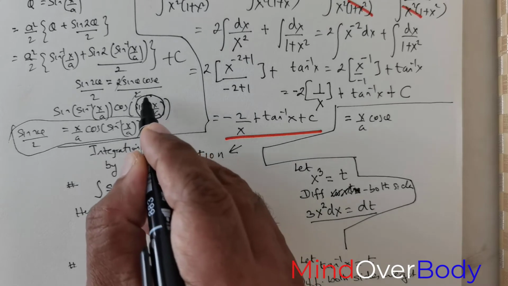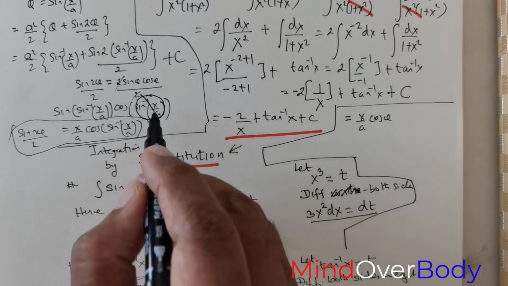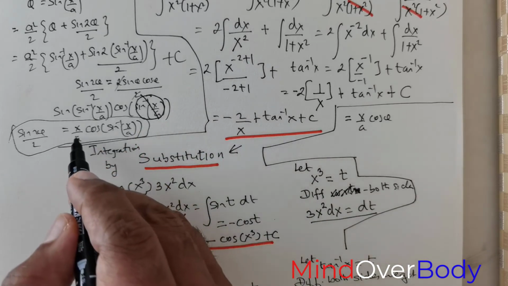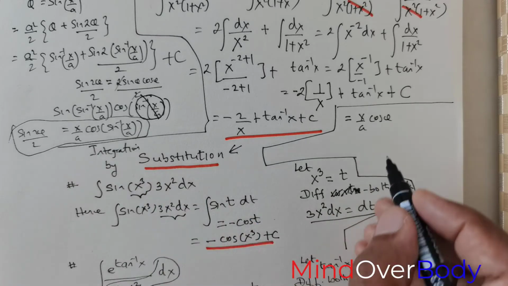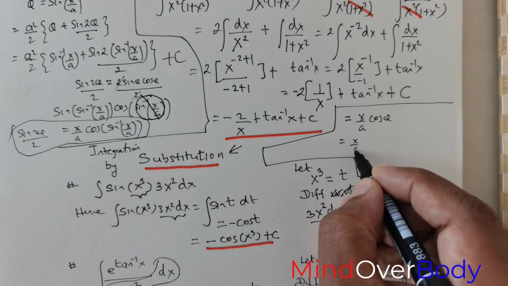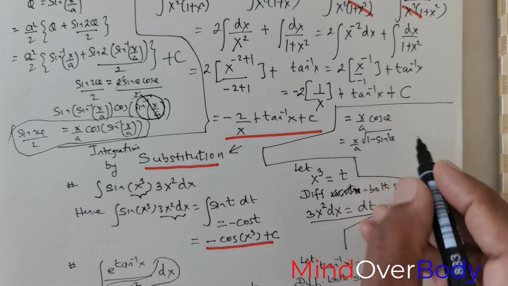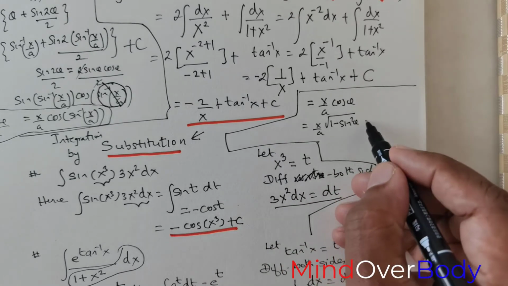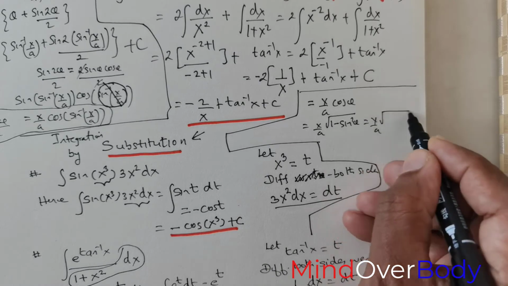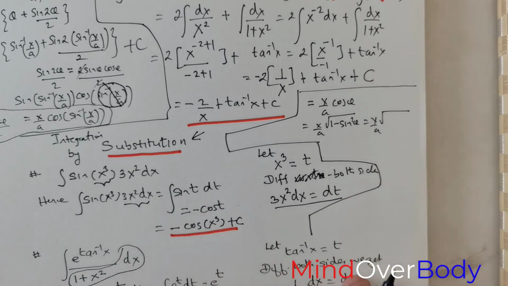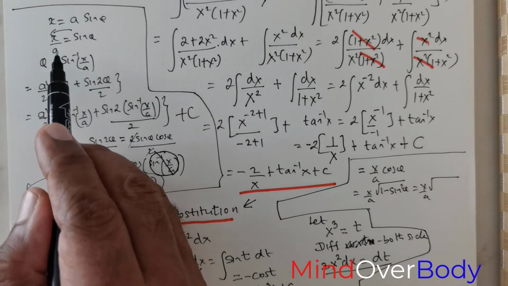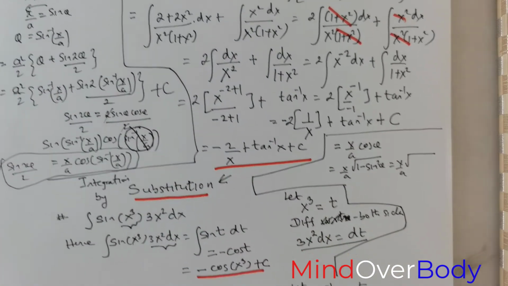So there is no substitution, it is just retained as theta. In this case we are reducing it to x over a, that's fine. But cos theta, we can always write as the root of 1 minus sine squared theta. So this is going to be equal to x over a times the square root of 1 minus sine squared theta, but sine theta is what? Sine theta is actually x over a. So you can substitute that.